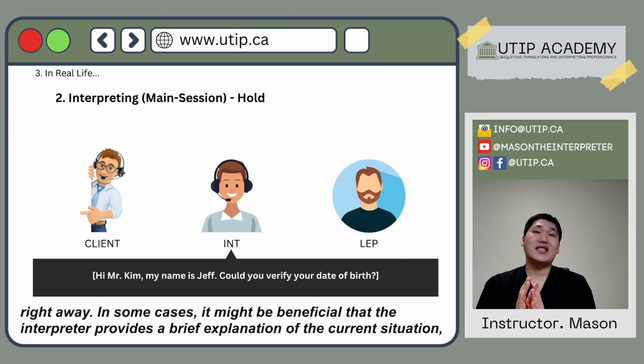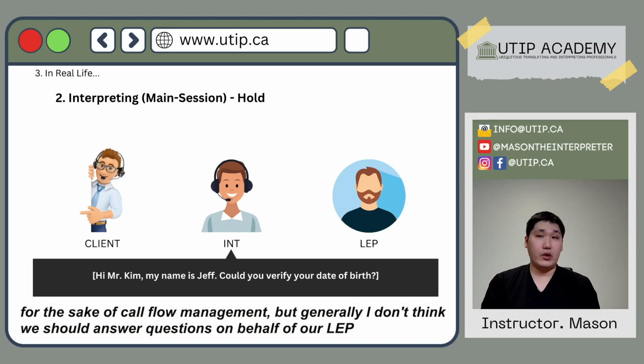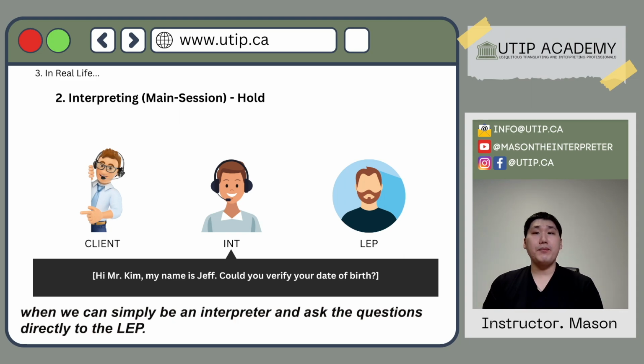In some cases, it might be beneficial for the interpreter to provide a brief explanation of the current situation for the sake of call flow management. But generally, I don't think we should answer questions on behalf of our LEP when we can simply be an interpreter and ask the questions directly to the LEP.